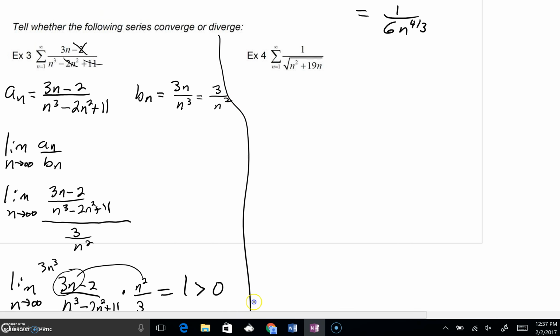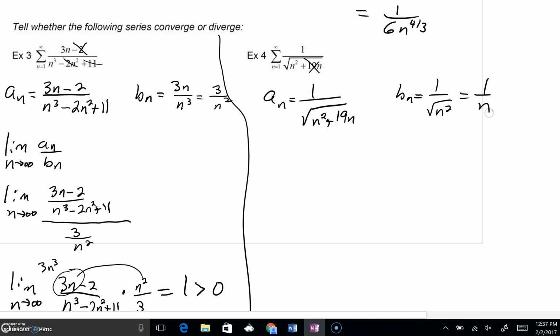Last one, for number 4. You can say, well, let's see, it looks like I've got a sub n is 1 over radical n squared plus 19n. B sub n, if you're really thinking about it, you can drop that plus 19n and you'd be left with 1 over the square root of n squared, which is 1 over n, which is one of the most famous series of all, a divergent harmonic series.